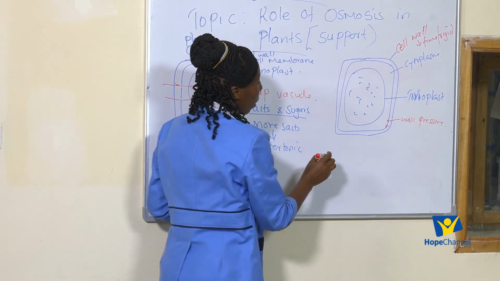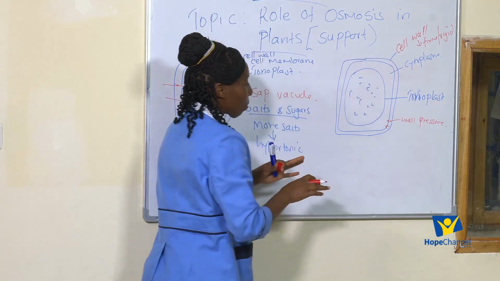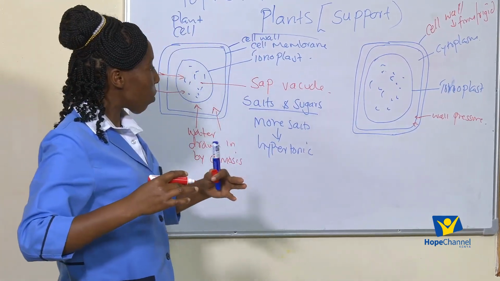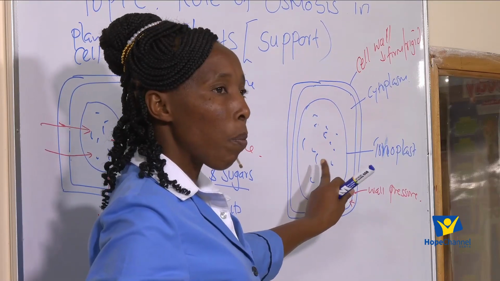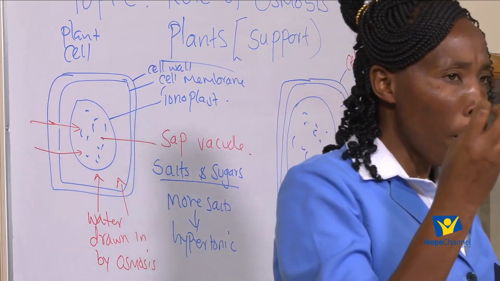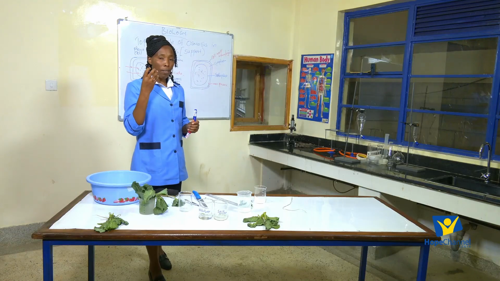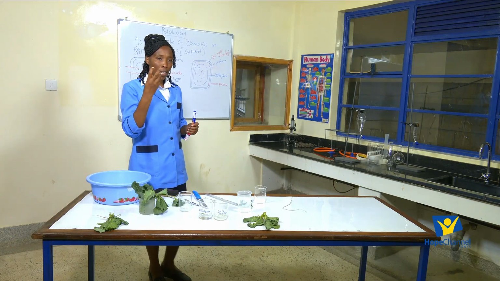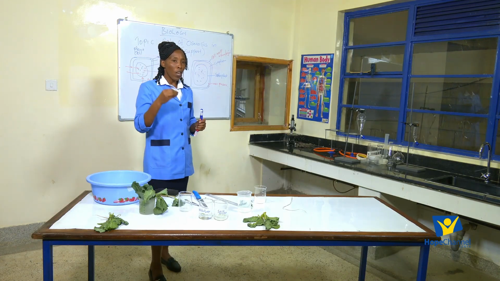But at the same time, we have turgor pressure that is extending the cell, causing the contents inside the sap vacuole to increase. So basically, what makes the cells firm and turgid is because those cells are filled with water.